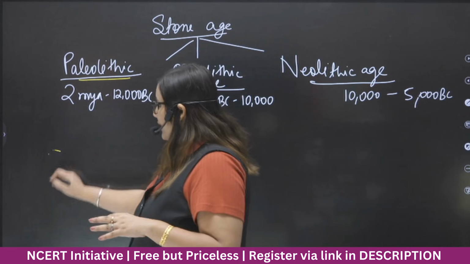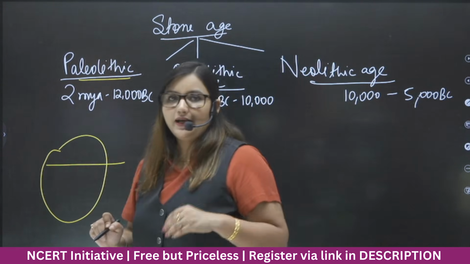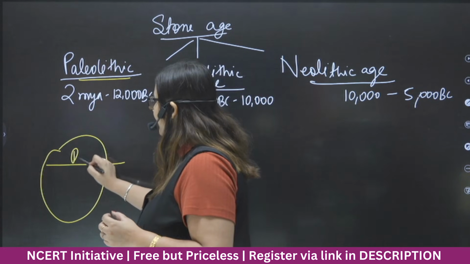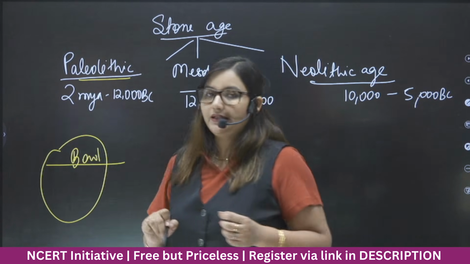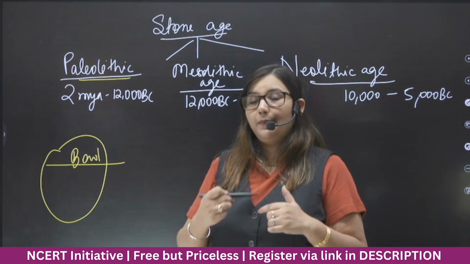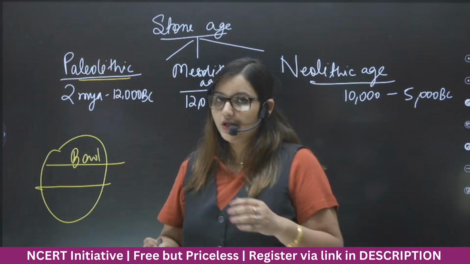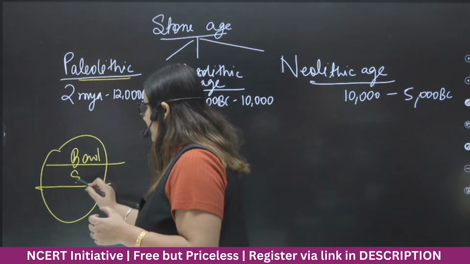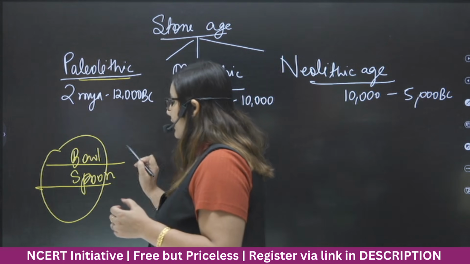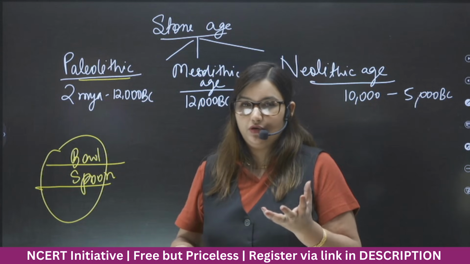Let's say I'm digging a ground and on the upper surface I get a bowl. So I'll say that it is a bowl from the Upper Paleolithic Age. Then if I dig harder and go deeper, I may get a spoon. So this spoon is coming from the Middle Paleolithic Age, which is older than the bowl.